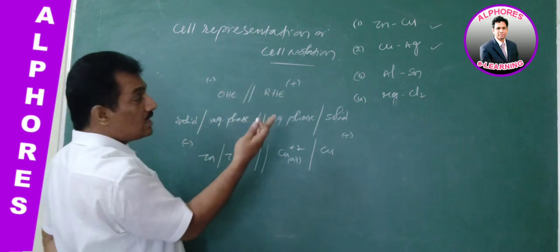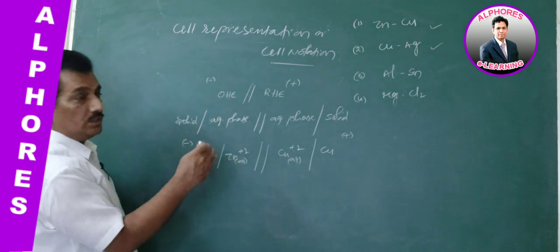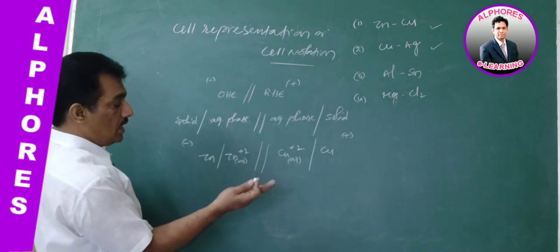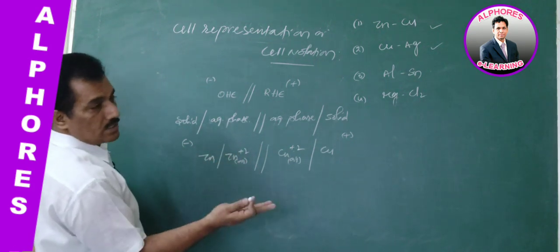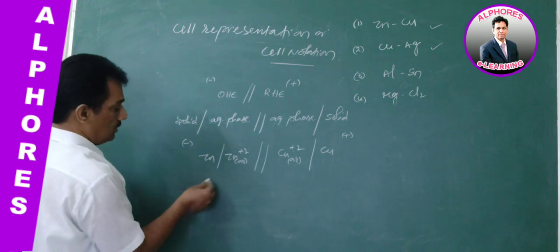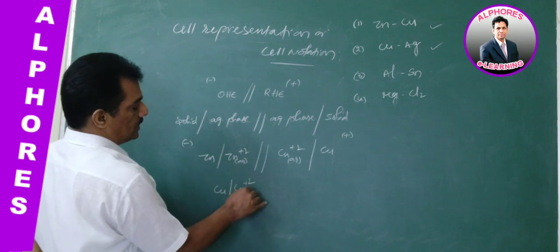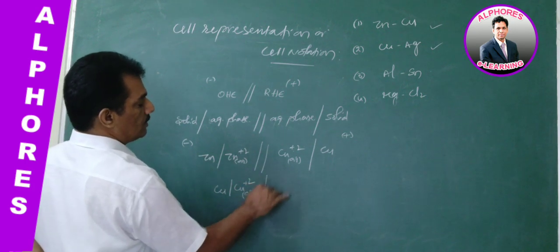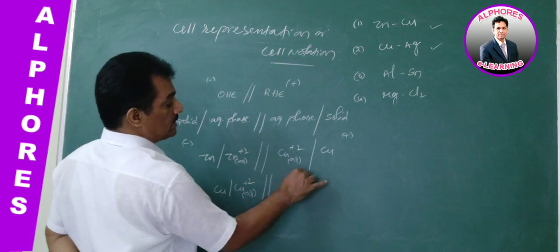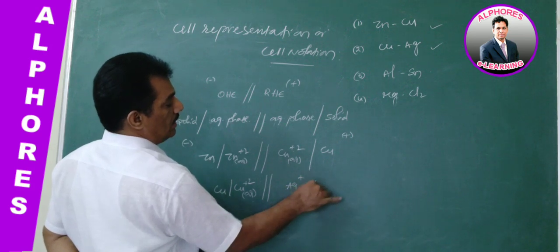Here we need not balance the equation because it is only the metal and the metal ion existence, not balanced metal ions. That's why in the second case we can write Cu in the form of Cu plus 2 aqueous, and here Ag plus aqueous and Ag.